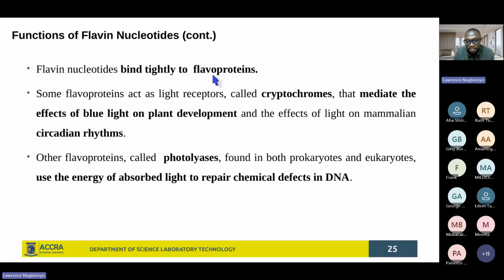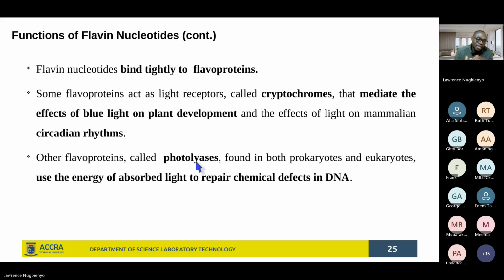And these flavoproteins mediate the effect of light on living organisms. They also act in enzymes like photolyases. What did we see as lysis?